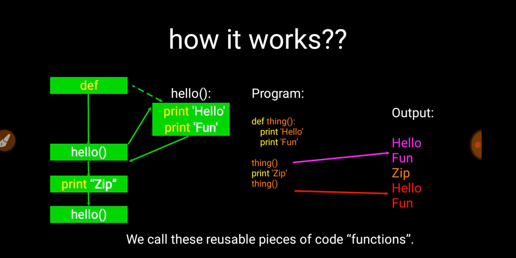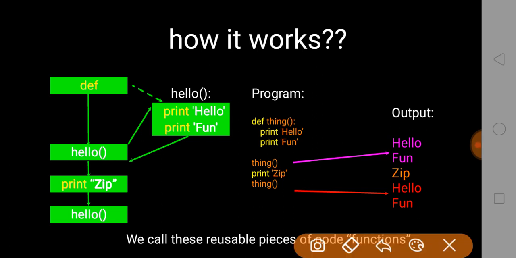So let's see how a function works. Over here I have given an example of a function hello. If you see, this is hello, and over here I have written two lines, that is hello and fun.